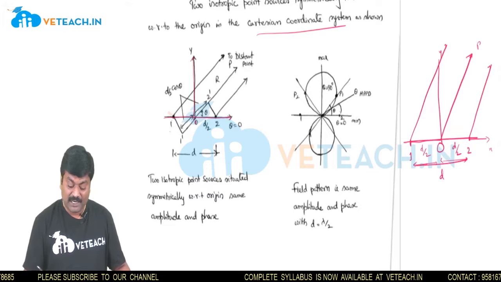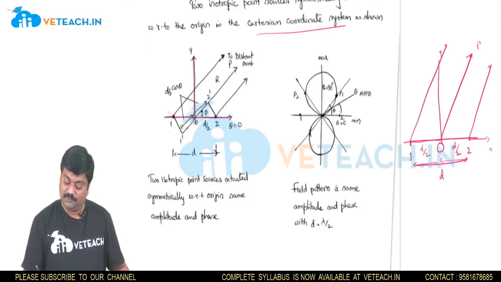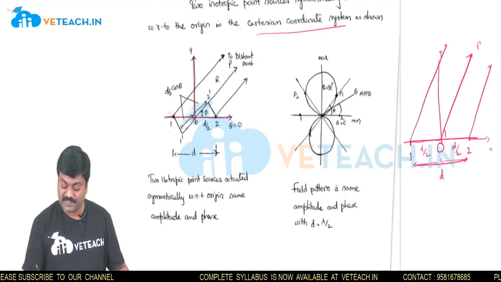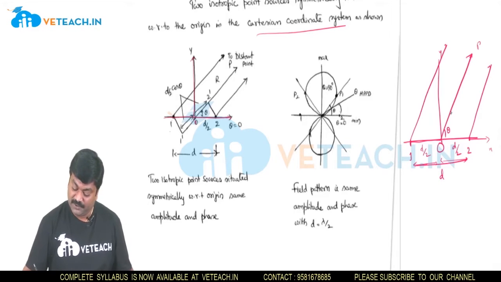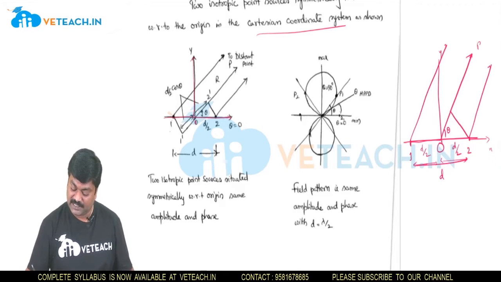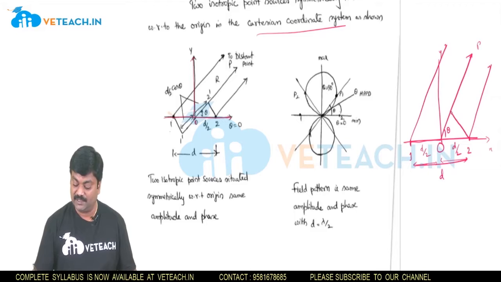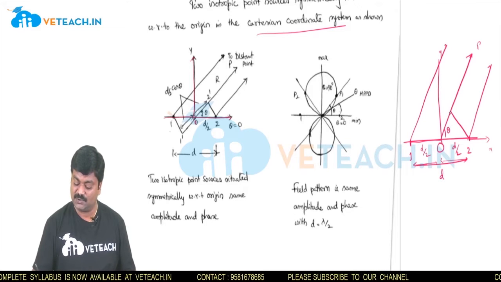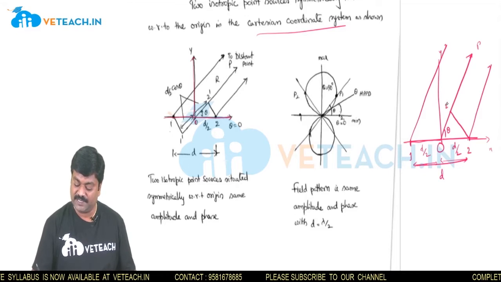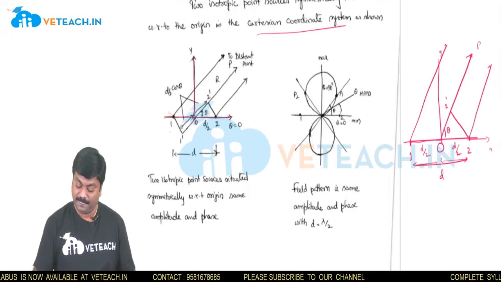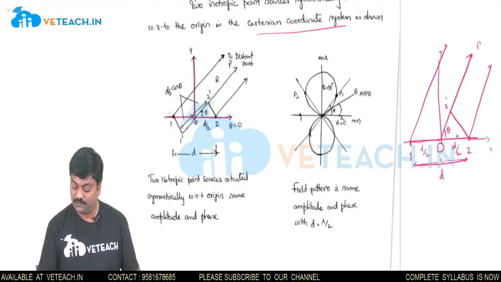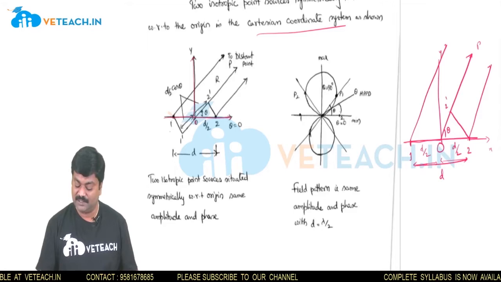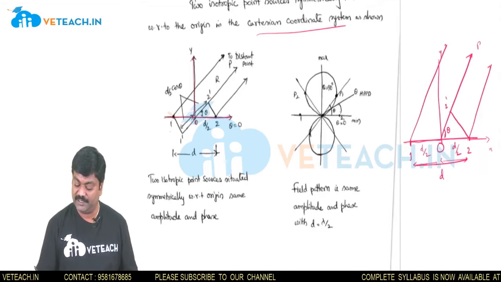And the angle from the origin to the point source, if we consider it as theta, then we will be able to calculate the other sides also. Here the other side from the second source to the origin plane is considered as 2 bar. So one side is known to us, the other side we need to calculate.